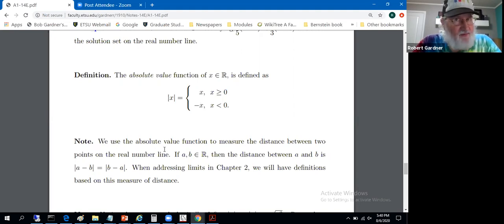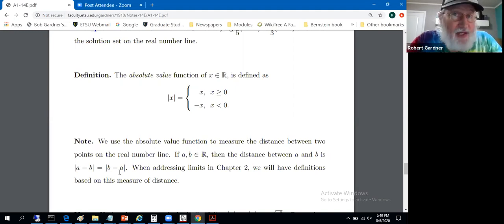We're going to use absolute value in calculus early on in chapter 2. We'll use the absolute value function to measure the distance between two points on the real number line. If A and B are real numbers, the distance between A and B is the absolute value of A minus B, or if you like, the absolute value of B minus A. I don't have to be careful with the order because I've got absolute values around it. The absolute value function forms a metric on the real number line.